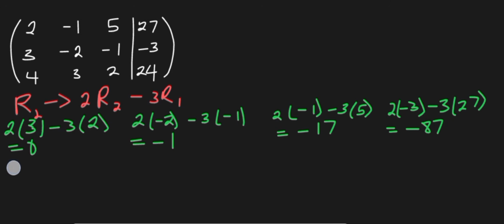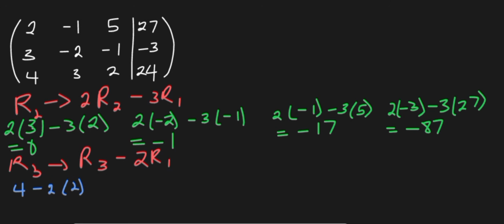On row 3, the operation that we carry out is row 3 minus twice of row 1. So for the first entry in row 3, it is going to be 4 minus 2 times 2, that is 0. The second entry will be 3 minus 2 times negative 1.